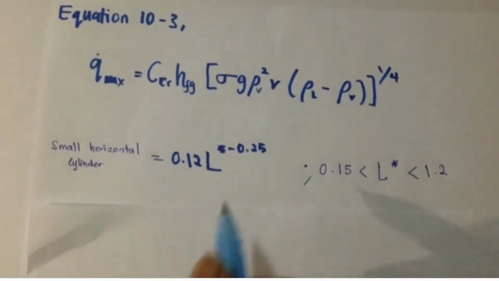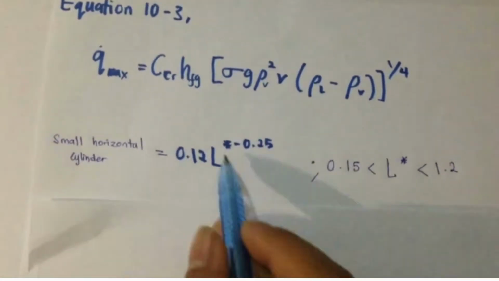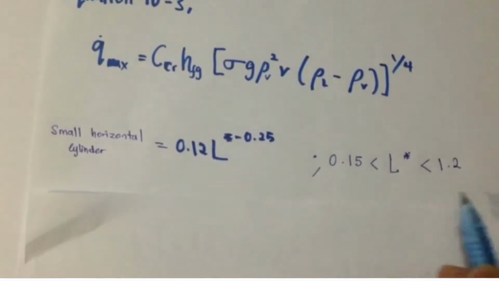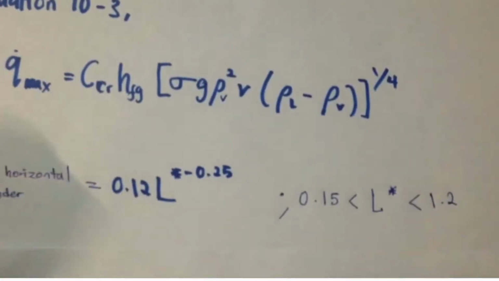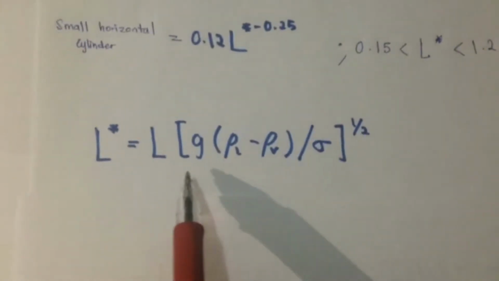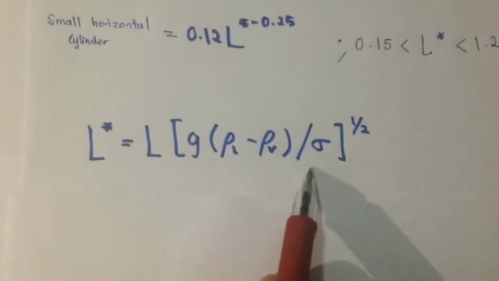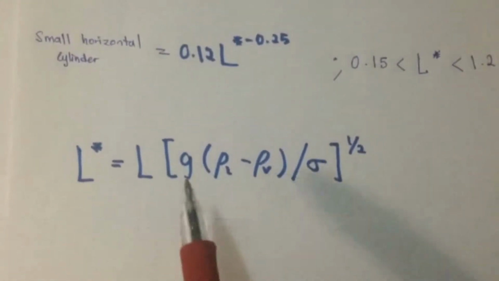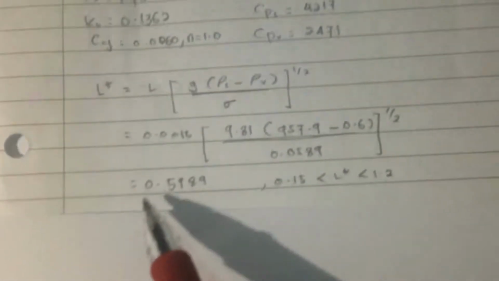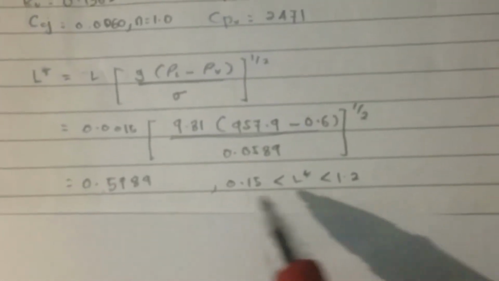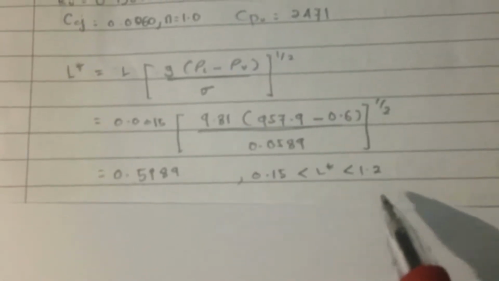So the equation we need to use is 0.12 L star to the power of negative 0.25, and the L star value needs to be in this range. To find the L star, we substitute the information for gravity, density and surface tension into this equation and calculate. The value turns out to be 0.5989, which is in the range 0.15 to 1.2.